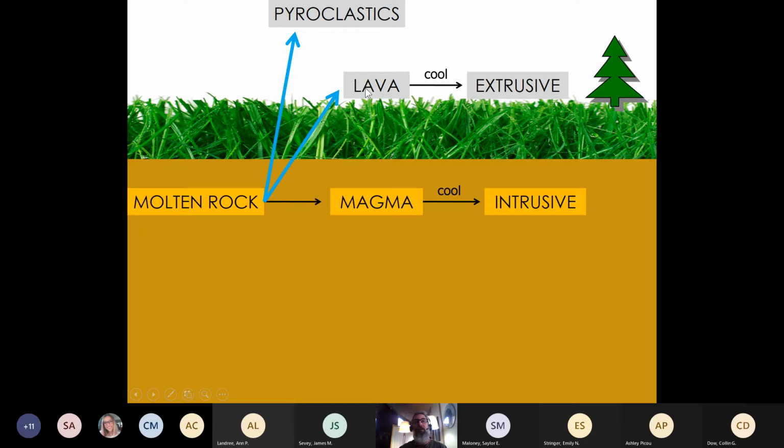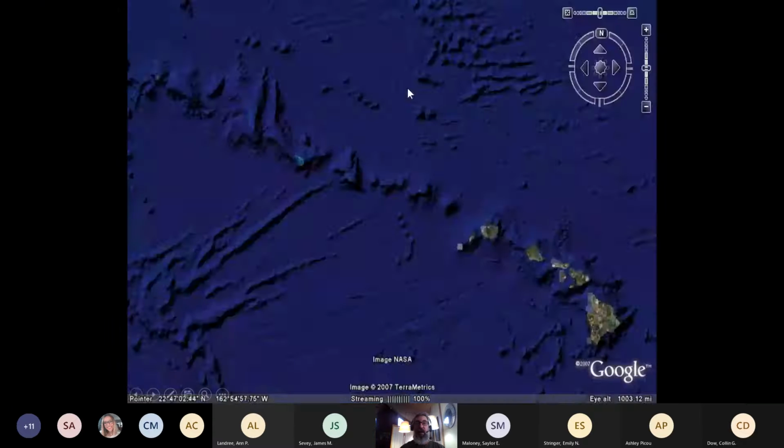Rarely do you have a volcano that's doing both at once. If you've got an explosive eruption, most of the stuff is coming out into the atmosphere. But if you've got a non-explosive eruption, most of the stuff is oozing out onto the ground. So we actually have a different name than non-explosive for those types of eruptions.